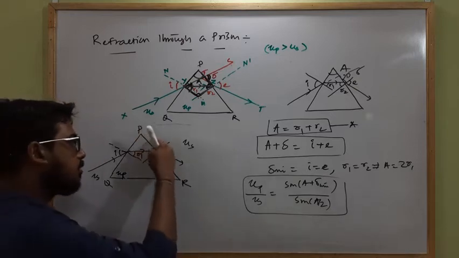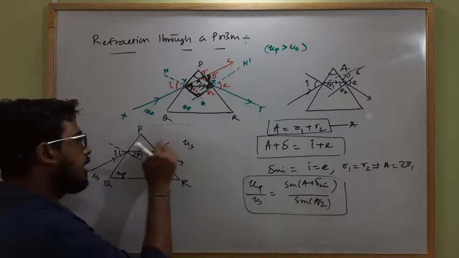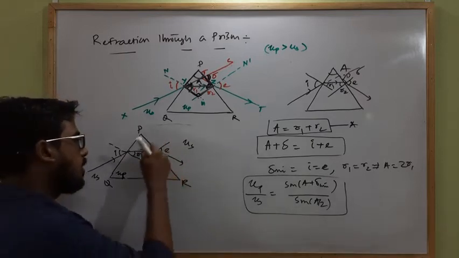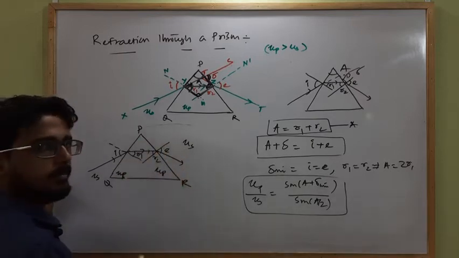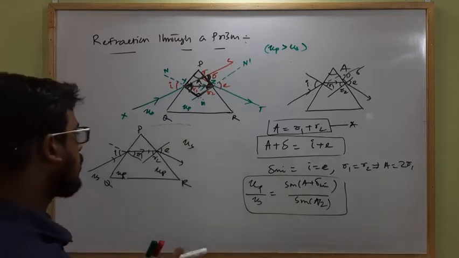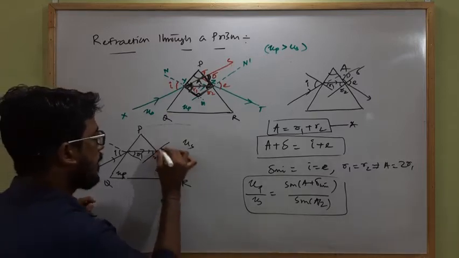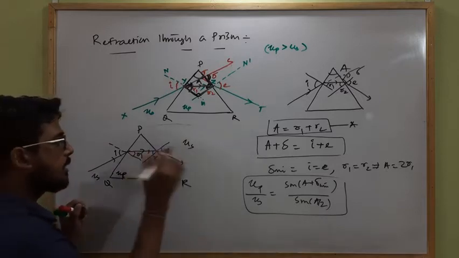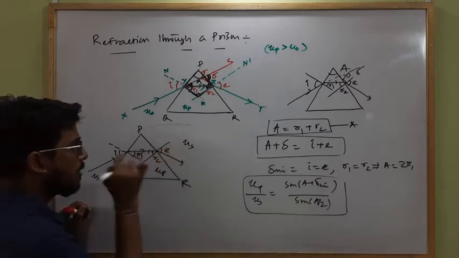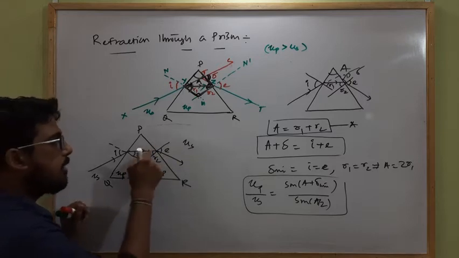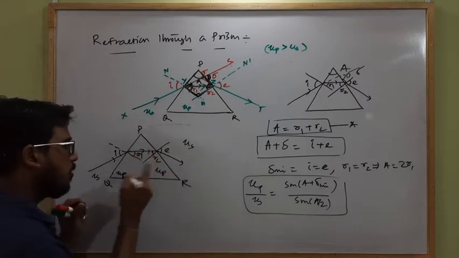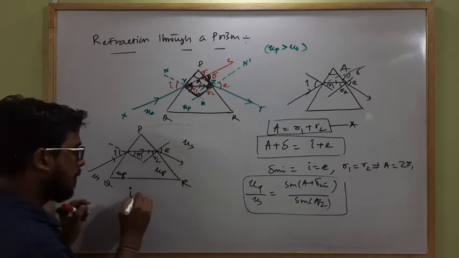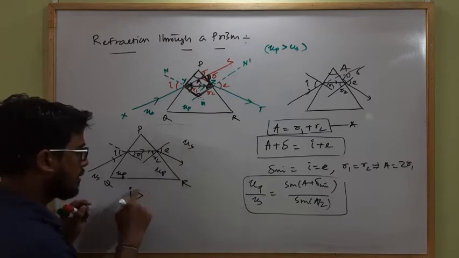So what is the condition? That the light will never come out, or the light will always be trapped inside the prism. Okay, so what the condition? That this light will never emerge out, it will always be trapped within the prism. So as here the angle of incidence is R2, we already know for total internal reflection, the angle of incidence must be greater than what?